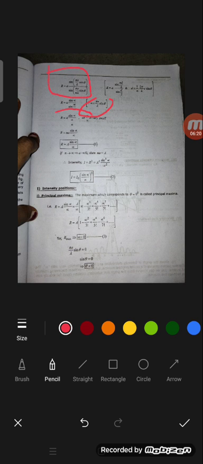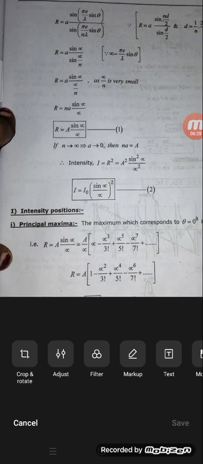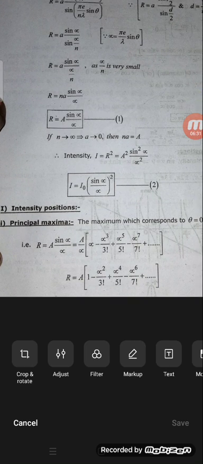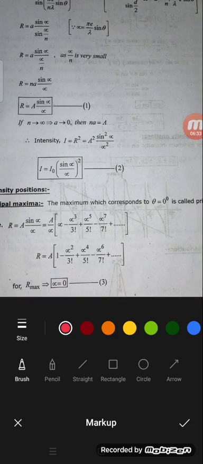As alpha by n is very small, we can neglect the sine and replace the term with just alpha by n. Then finally R is equal to A sin alpha by alpha, where capital A is equal to n a.